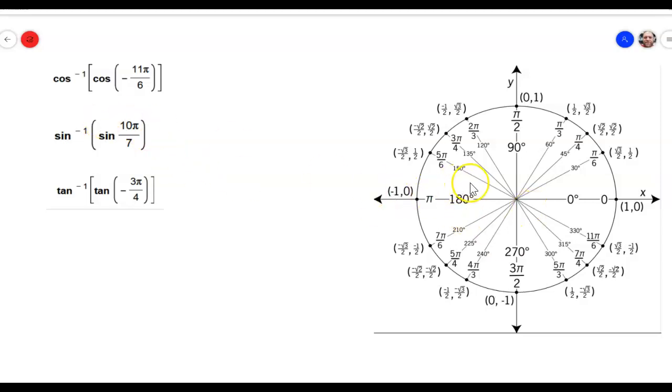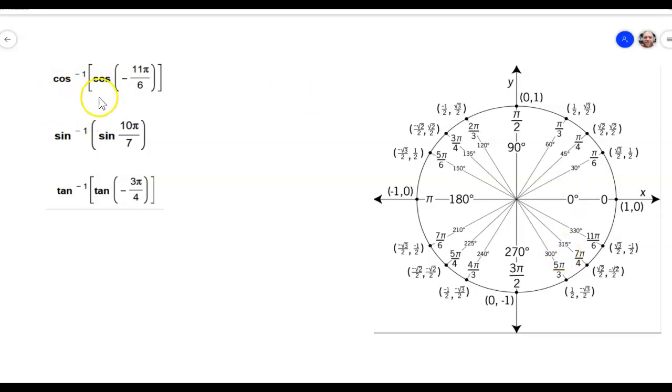For the cosine, we've just used the top half of the circle, from 0 to pi, or 0 to 180, depending on whether we're talking about radians or degrees. And for the sine and the tangent, we've just looked at the right half of the circle, from -pi over 2 to pi over 2, or from -90 to 90, depending on radians or degrees once again. So we have to restrict our domain to those values.